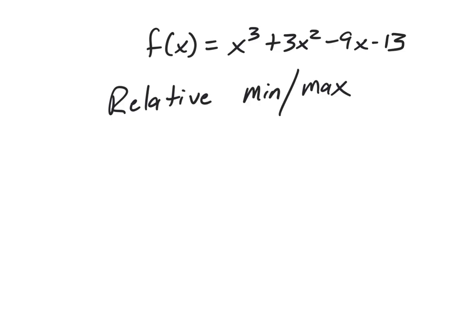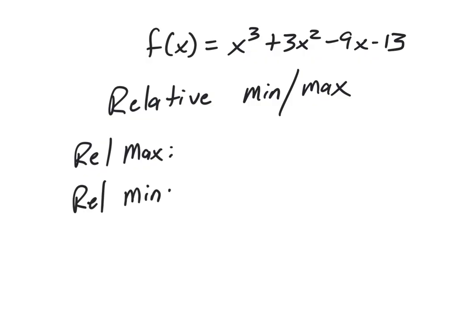Here, we're going to see that it has both, and in most cases. So if we just said, what is the relative max and what is the relative min? We're going to see a lot of these that have both a minimum and a maximum. So let's graph this one. That's the best, easiest way to find the relative min and max.